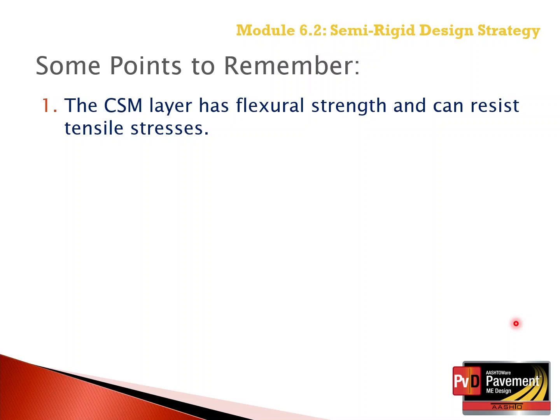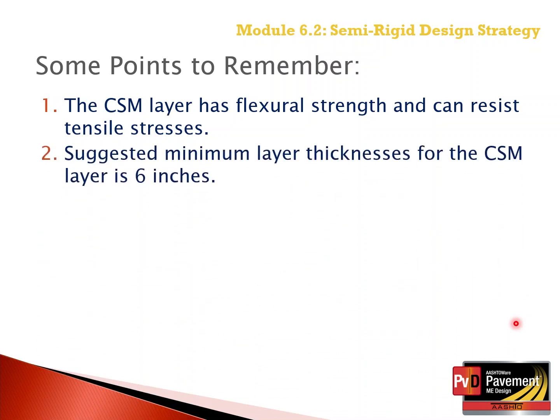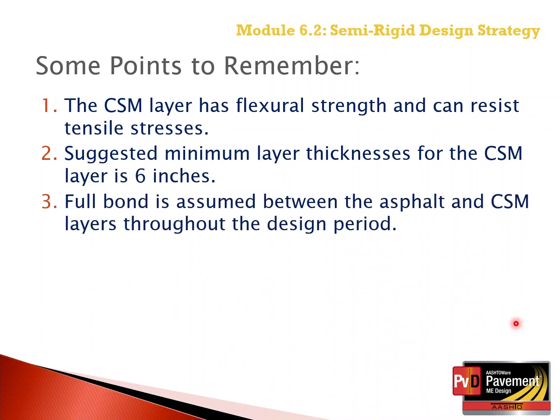That's used in a semi-rigid pavement because that is the definition of a semi-rigid pavement. The chemically stabilized layer has flexural strength and can resist tensile stress. Another point is the suggested minimum layer thickness for the stabilized mixture is 6 inches. Another point is full bond is assumed between the asphalt and stabilized layer throughout the design period.